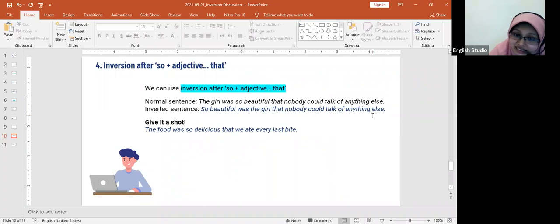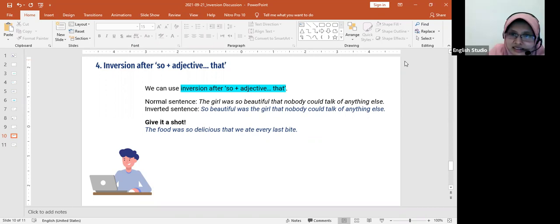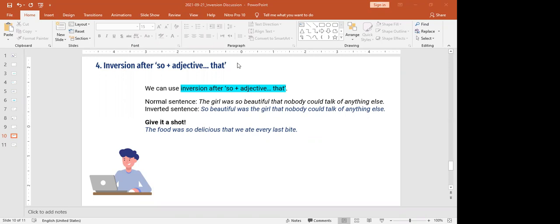Okay, this is quite easy ya. This is quite easy in comparison to the previous materials. Okay, so guys, could you please try to invert the sentence? Yes. Ya, siapa Miss? Sorry, I can see. Miss Oti. Oh ya, silakan Miss Oti, silakan. So delicious was the food that we ate every last night.